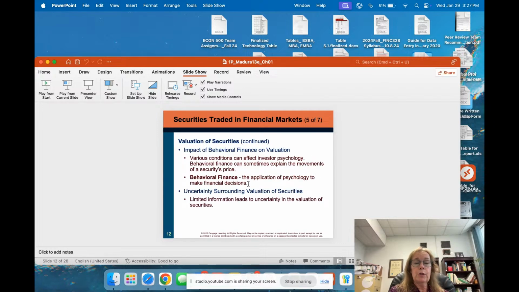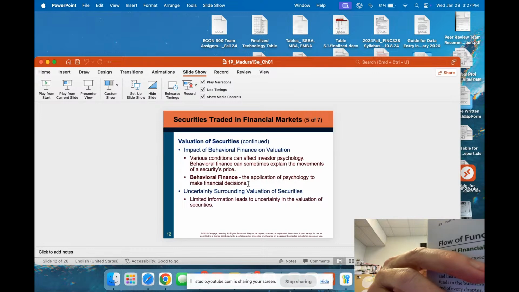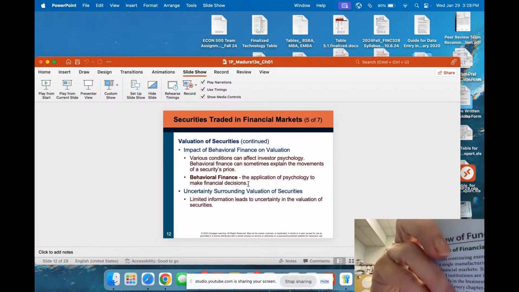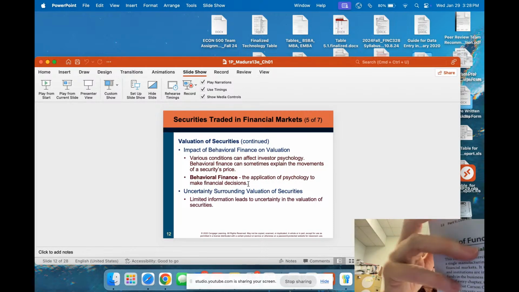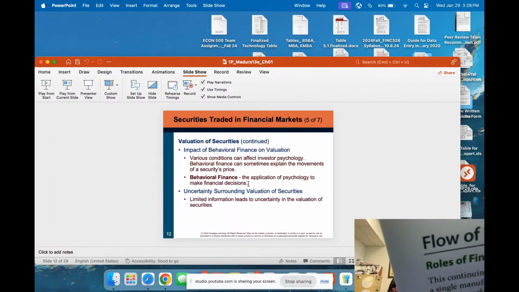Now, when you read the section in the chapter on behavioral finance, that's at the beginning of the chapter. It's 1-2D, and it's pages 9 and 10.